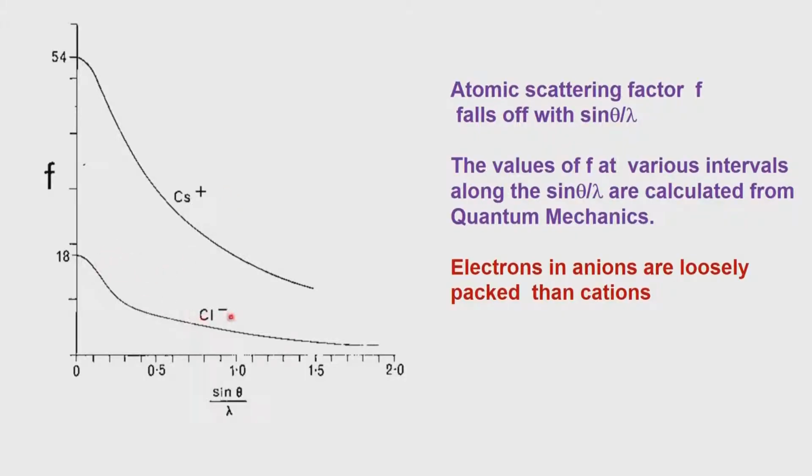You see here what is plotted is that of chlorine ion and cesium ion. I have plotted the scattering factors of ions, and as a result the cesium is getting 54 and the chlorine is getting 18. That means one extra electron added to chlorine and one extra electron removed from cesium, and therefore we get this scattering curve.